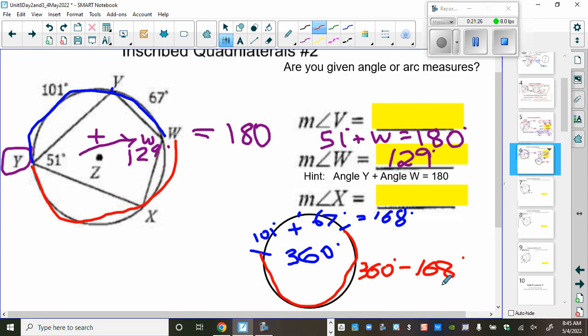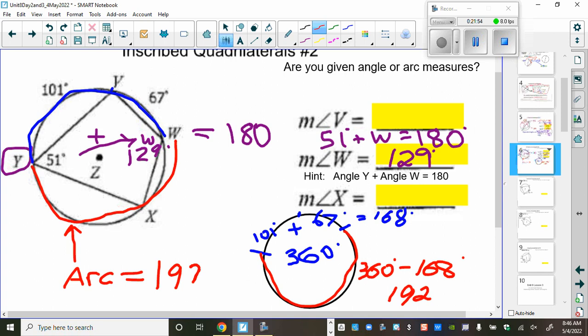Let's use them. 192. All right. Let's talk about the 192. So this entire arc is 192.